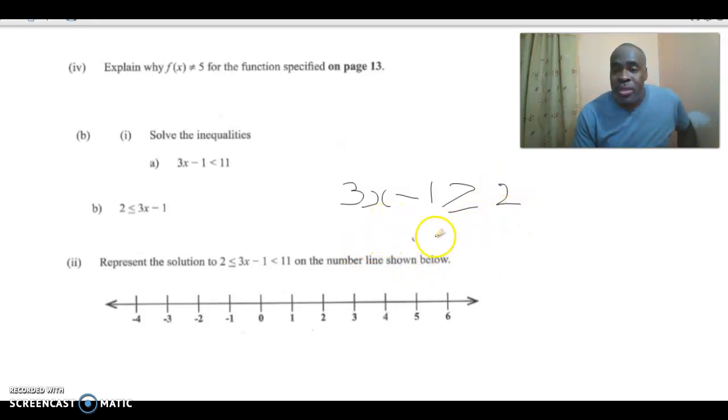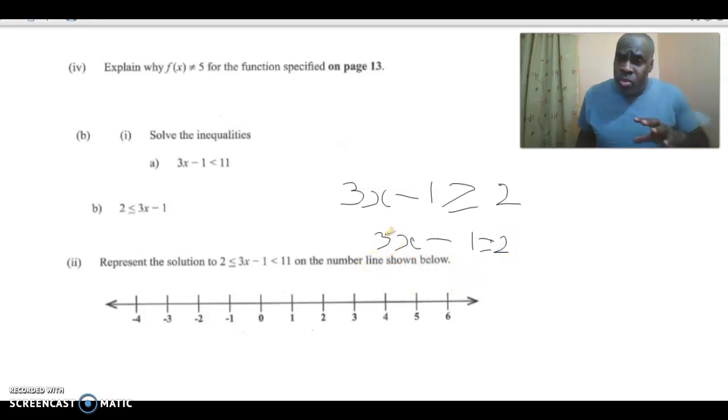Now because it's equal to 2, I can write it as 3x minus 1 equals 2. So what number do I subtract 1 from to get 2? Add the 1, so 3x then is equal to 3.